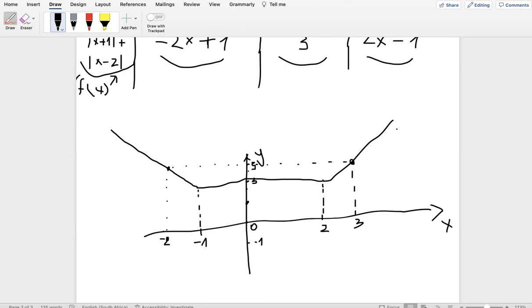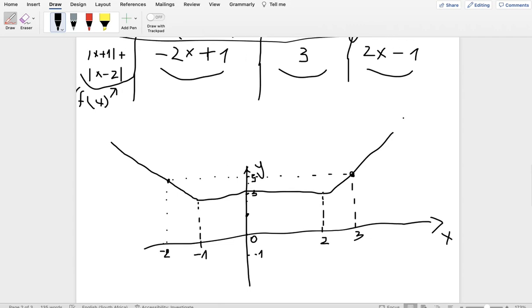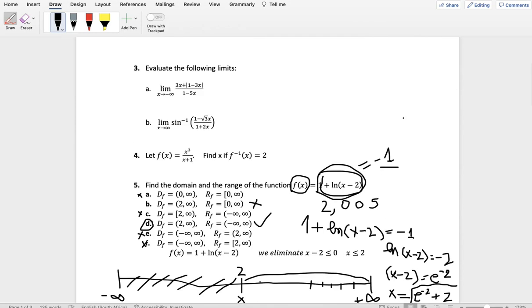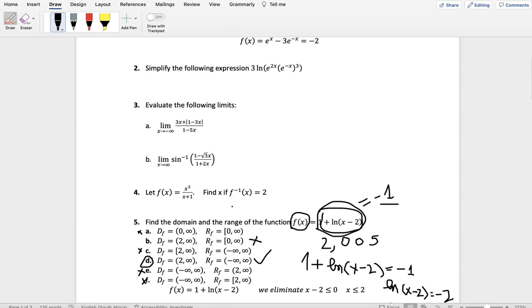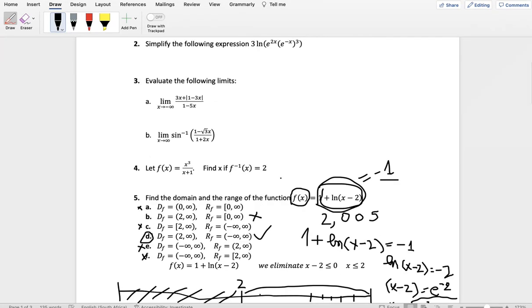Hello? Guys, can you hear me? So what about number 4? Sorry? What about number 4? Number 4. This was number 5. Number 4, I was asking you guys and you told me that you didn't do inverse functions, which is weird because I'm sure you must have done it.